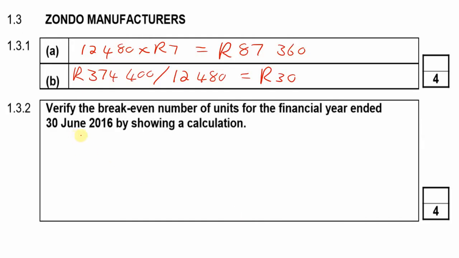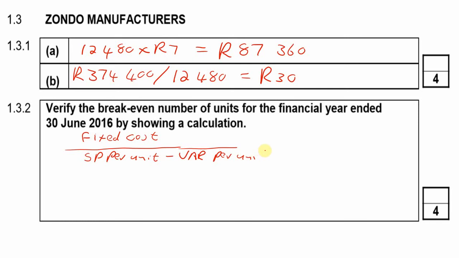Break-even is the fixed costs divided by the contribution, which is the selling price per unit minus the variable costs per unit. This bottom part we also refer to as the contribution.